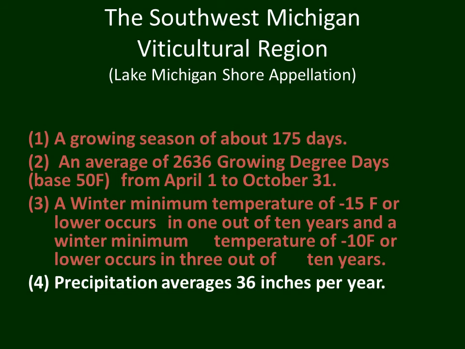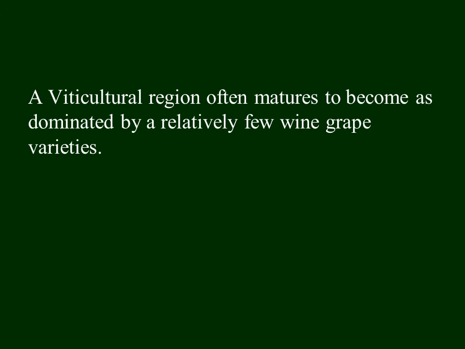Ask yourself, where I'm going to plant grapes, what are the characteristics of that viticultural region, and seek the data, the information to answer that question. A viticultural region often matures to become dominated by a relatively few wine grape varieties.